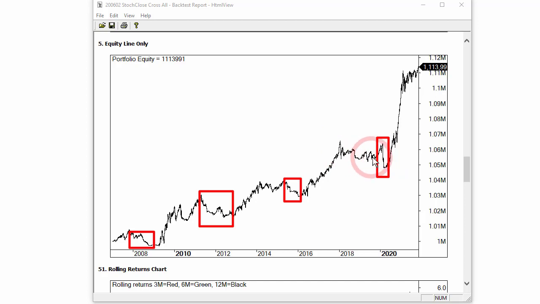So the trend was turning up for the trend following strategy, but got hit. And then after the COVID low, had a really big run and had a breakout here. And I want to show you that breakout by using a 2-year equity curve.